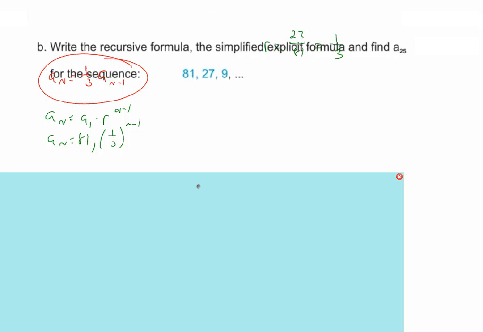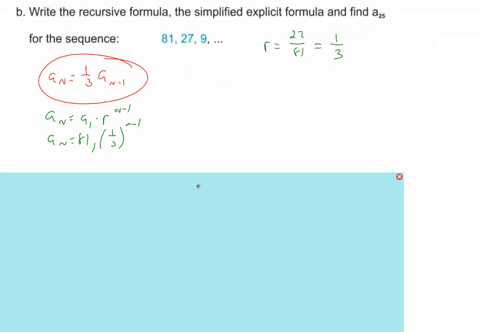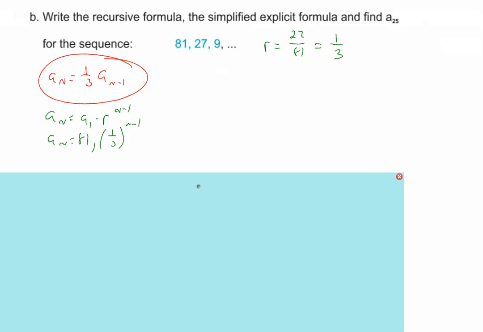Okay, you guys may have left your explicit formula like this, and it will get you there. You can leave it like that if they didn't ask you for the simplified explicit formula. If you're going to do a sub 25, you can go right now and find a sub 25.